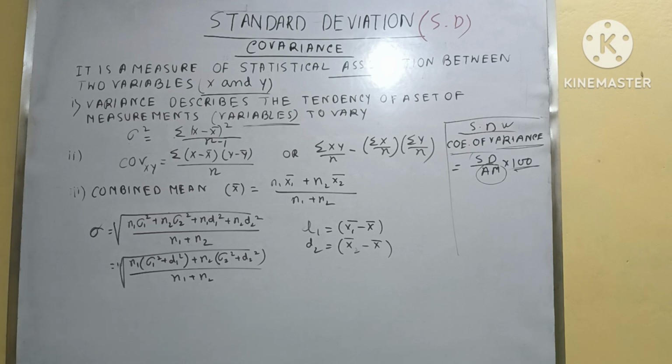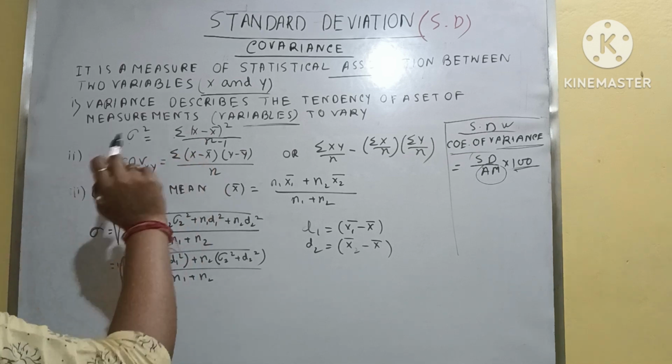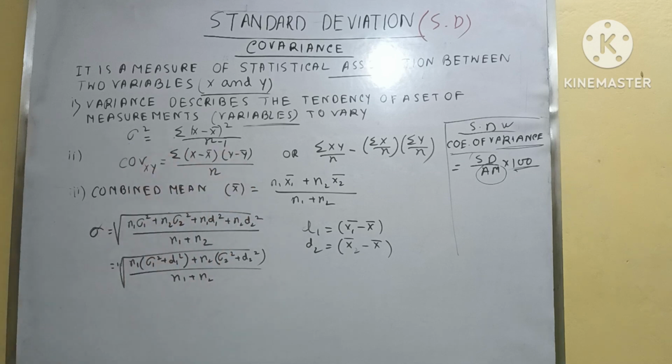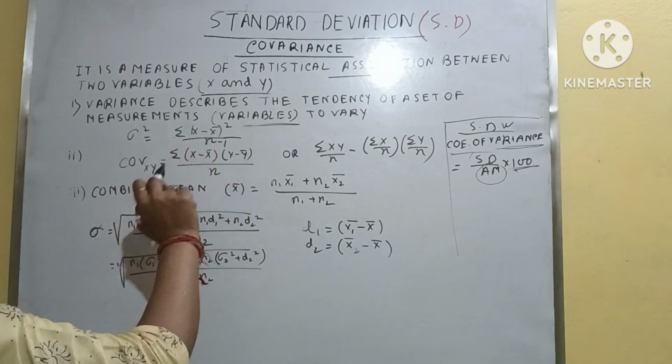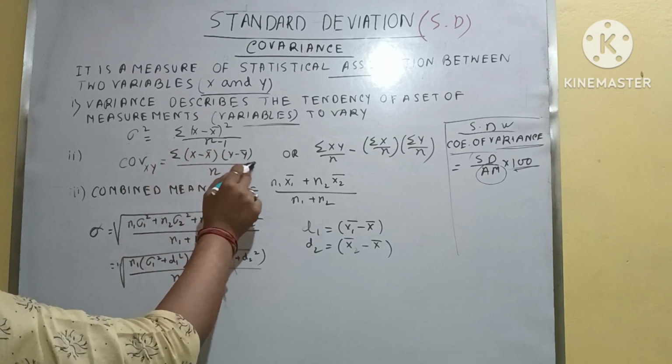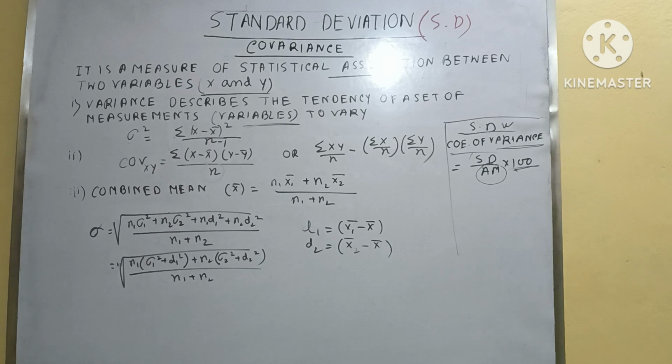And in that situation, how to calculate the covariance of xy? That is the summation of x minus x bar multiplied by y minus y bar, divided by n, by which we can easily calculate this covariance of xy, that means for two variables.